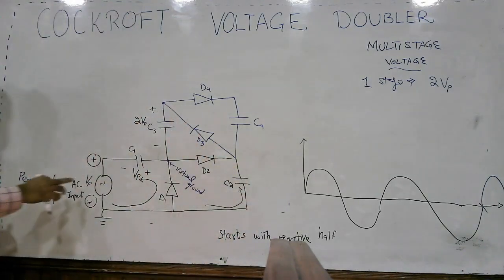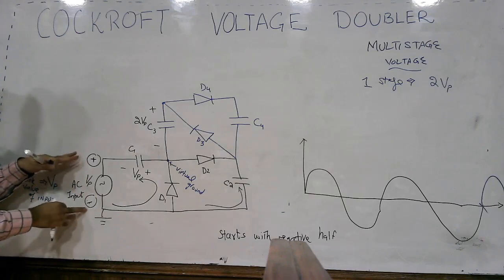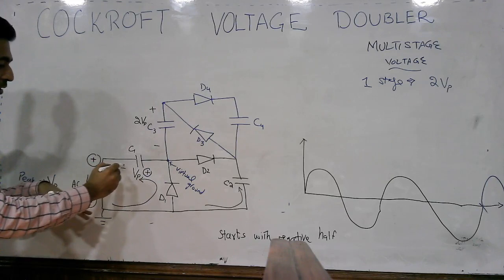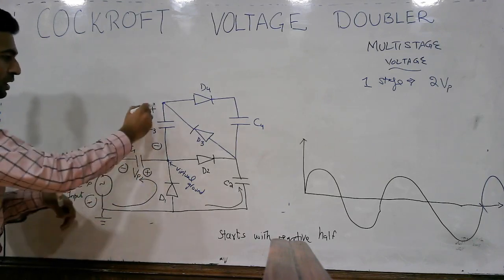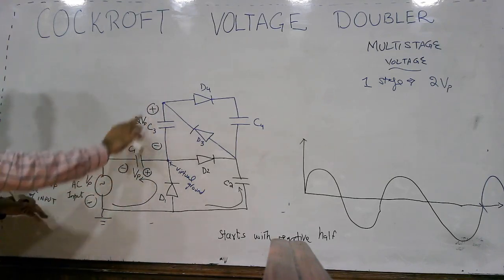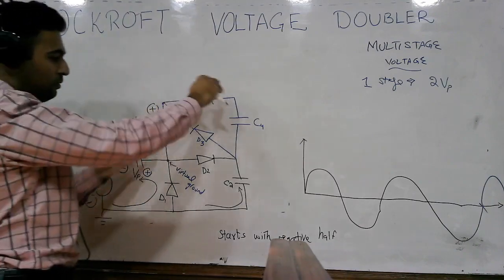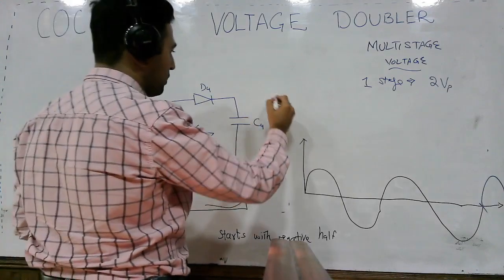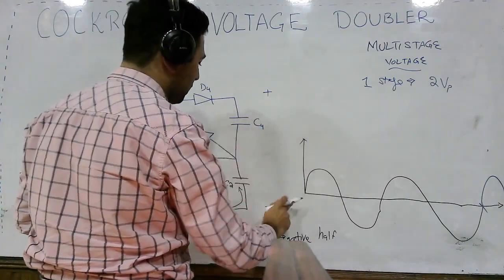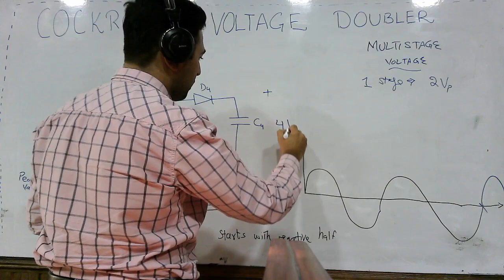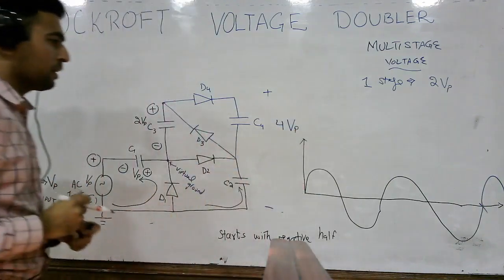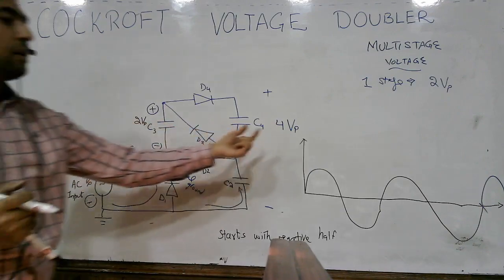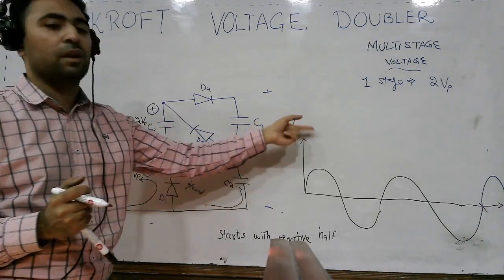So this voltage source will add up with the voltage here, and the total voltage here is 4 Vp, and that will be discharged across these 2 capacitors. So the potential here will be 4 Vp.